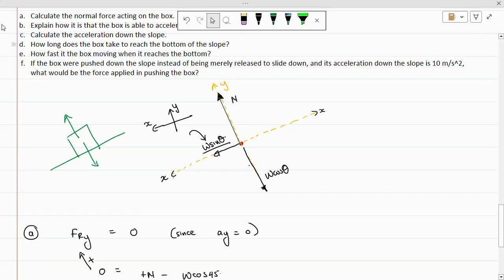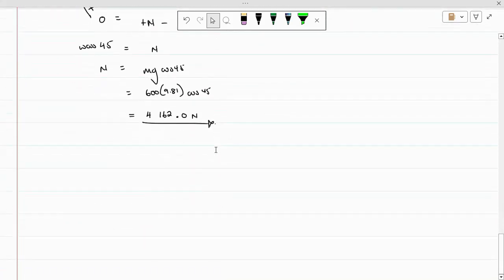Part C, calculate the acceleration down the slope. Now we can acknowledge that there is an acceleration down the slope and we know where it comes from, so now we have to calculate it. Again, this comes from Newton's second law. Newton's second law says resultant force, in this case in the x direction, is equal to the mass times acceleration in the x direction.